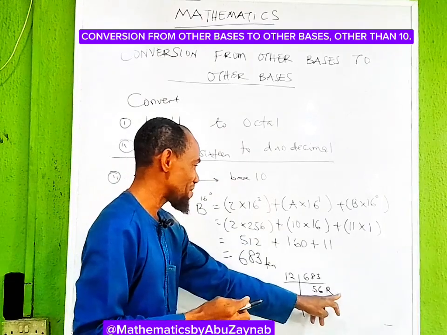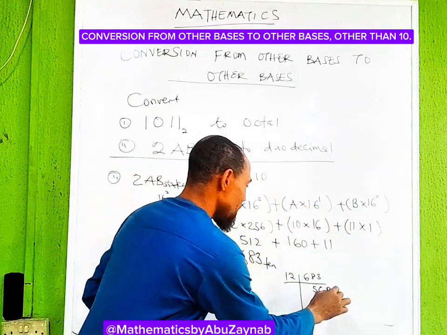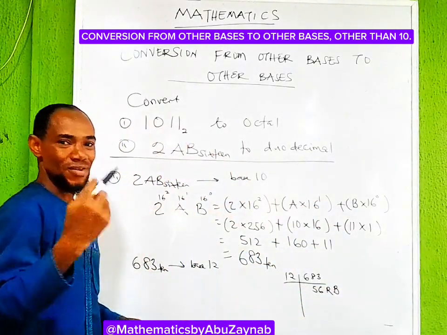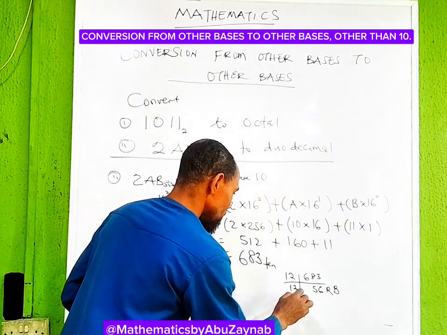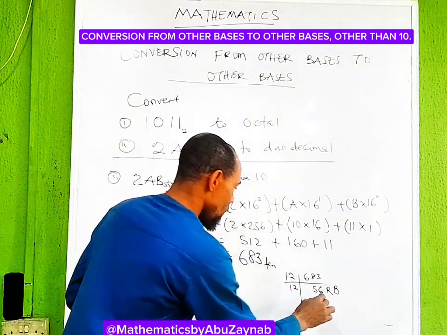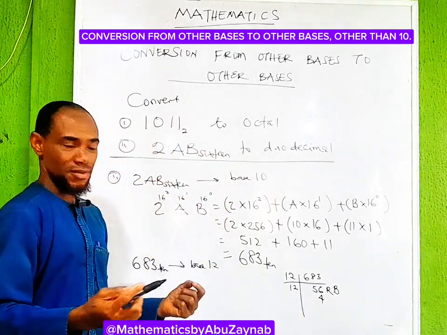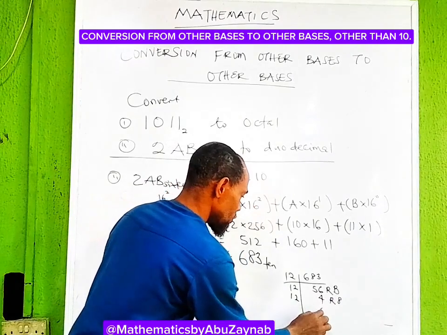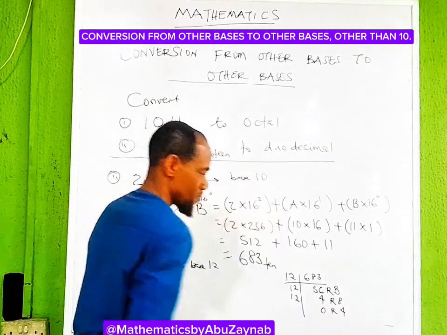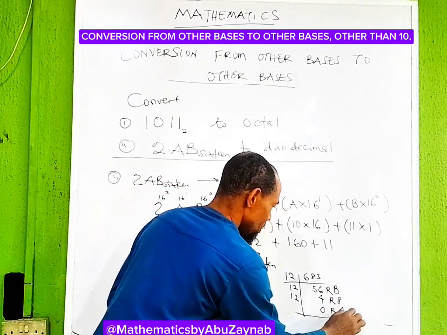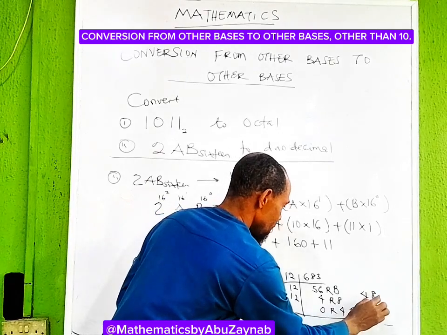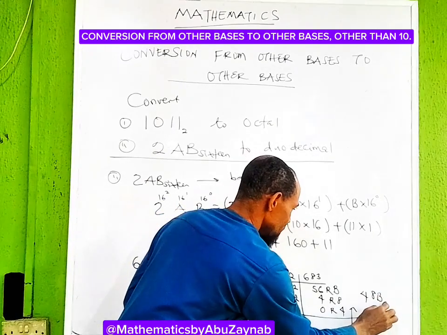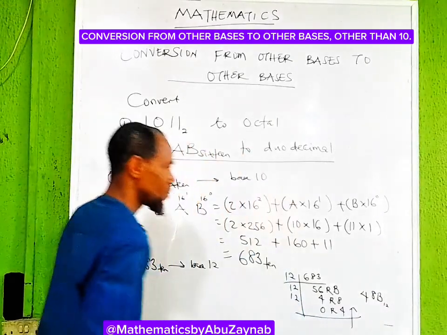But we can't write 11 here because we are in base 12. Rather, we write B, which stands for 11. We go on. 12 in 56 is 4, because that's 48. Remainder 8. And 12 in 4, 0, remainder 4.